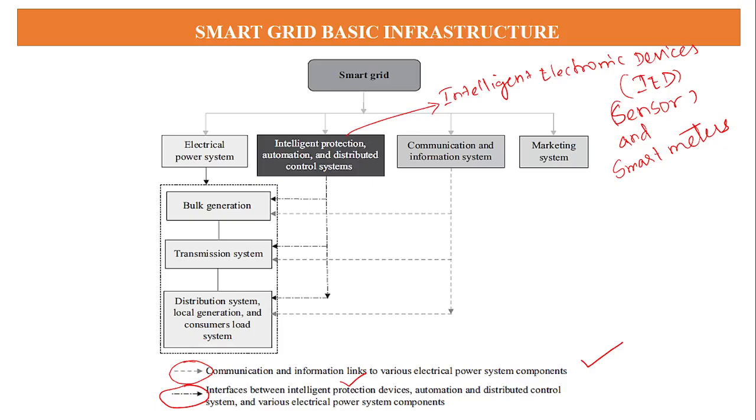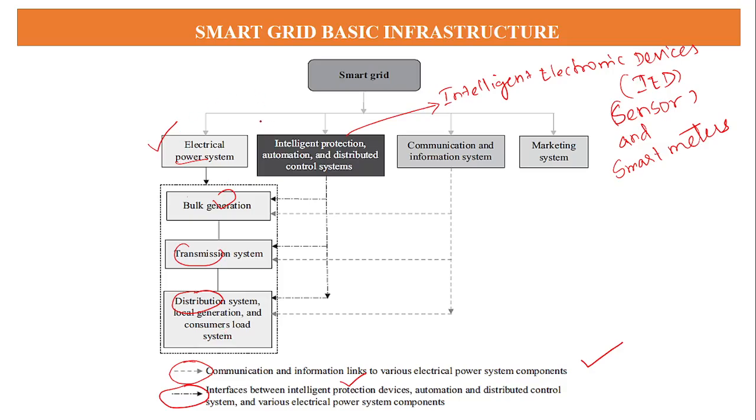In all the places we are going to install these smart meters to record all the consumption data. So here the first component is the electrical power system. In the electrical power system, we have how the generation takes place, and the transmission and distribution system. So these are the flow of the electrical grid.